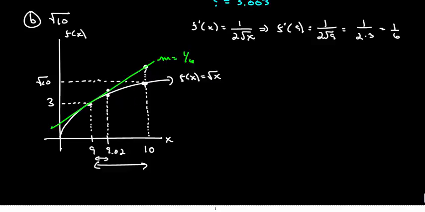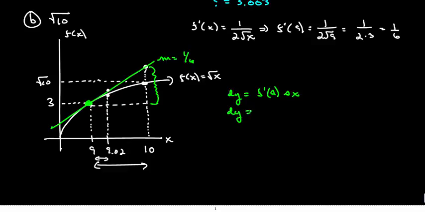Now, to get dy, geometrically, this whole length right here is dy. So dy is given by f prime at 9, which we've already got. It's the derivative at this point right here. Okay, that's the slope of the line, times delta x.